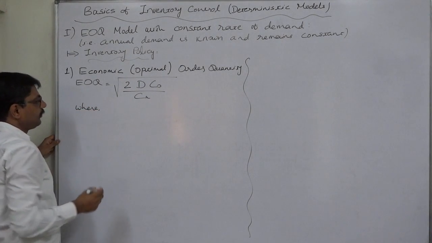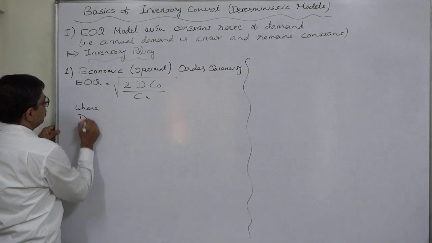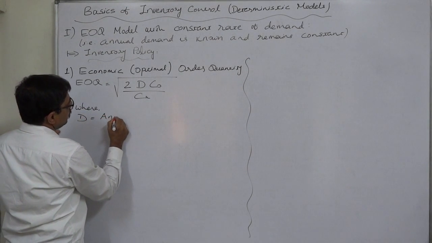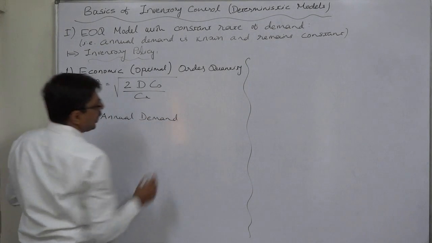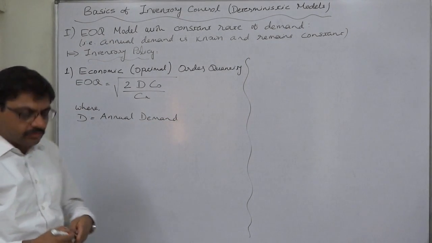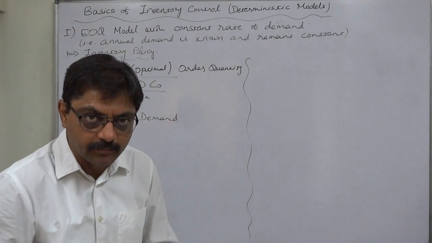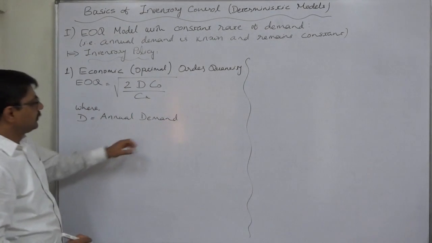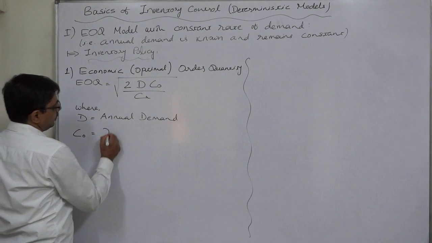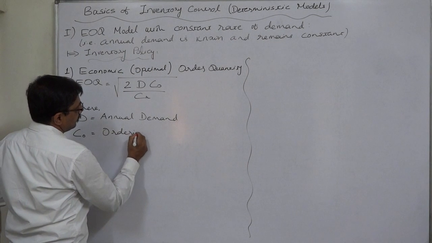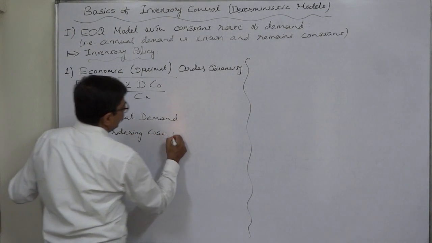The interpretation of all the components: D is annual demand. How many units of particular type of inventory item are required per annum? CO, that is ordering cost per order.